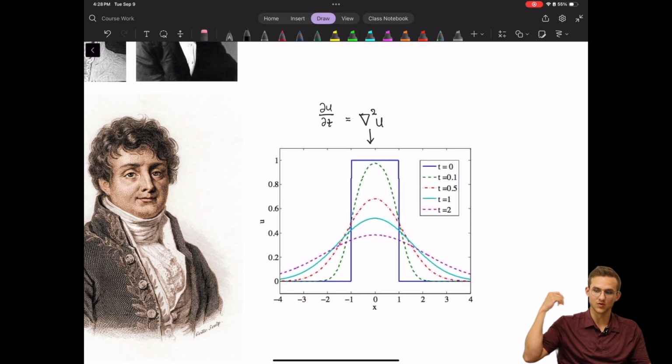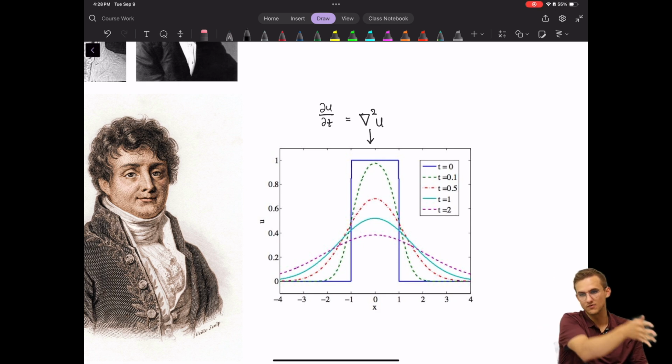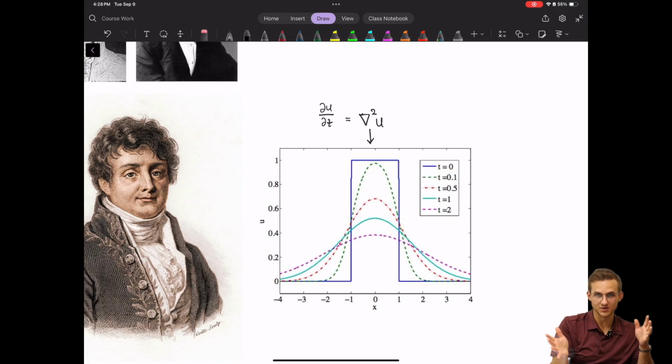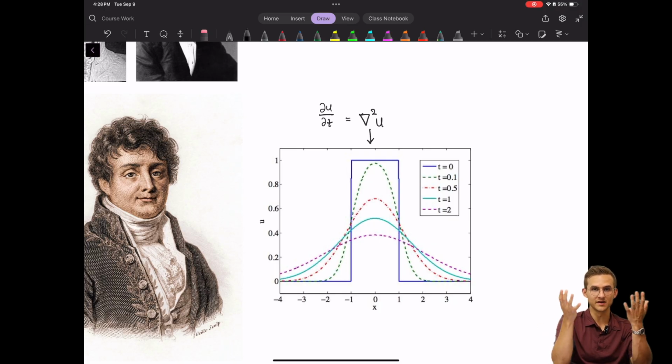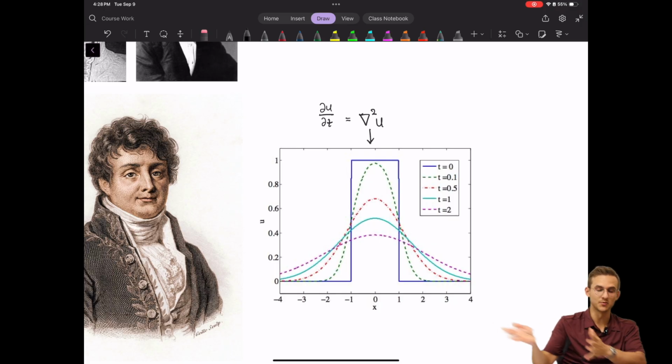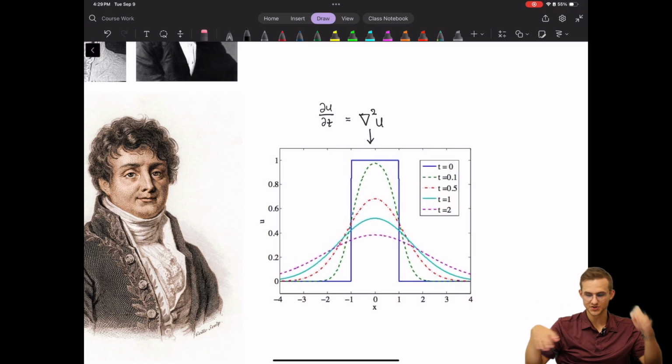It's spreading out quickly, or that's the dominant behavior. So you can tell that term is dominating over something else like an advection term, which is another type of term that shows material being transported through space. The advection diffusion equation is a very common type of transport equation that we will encounter in this class.